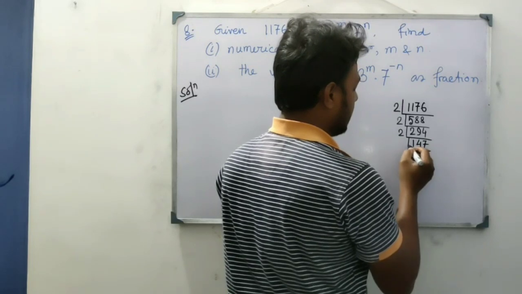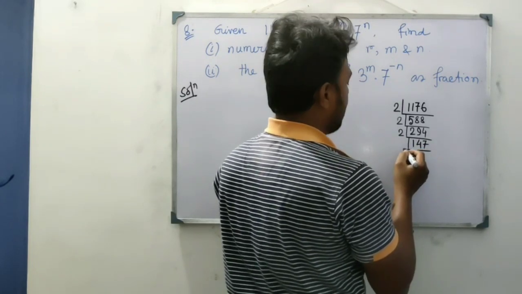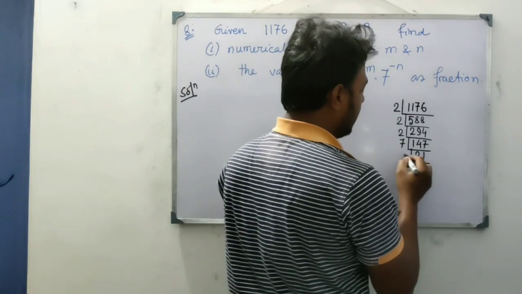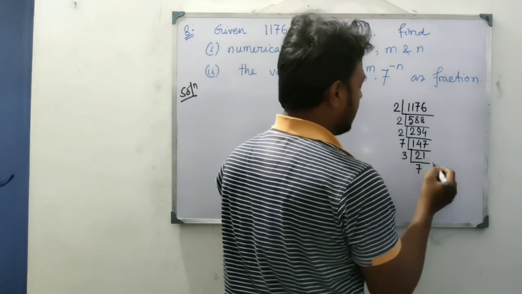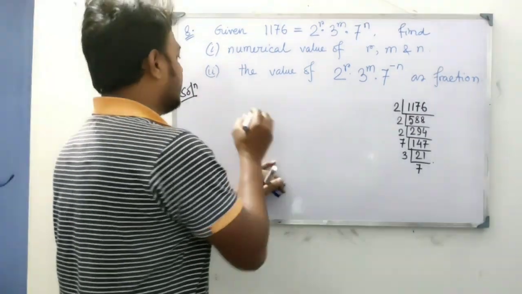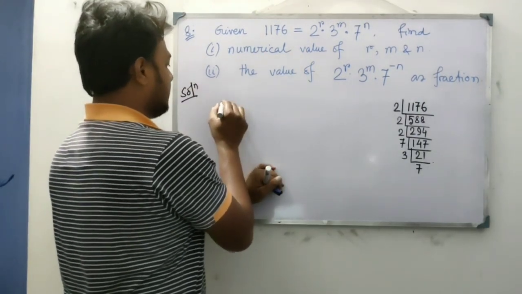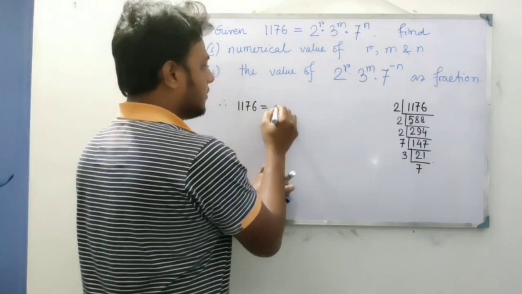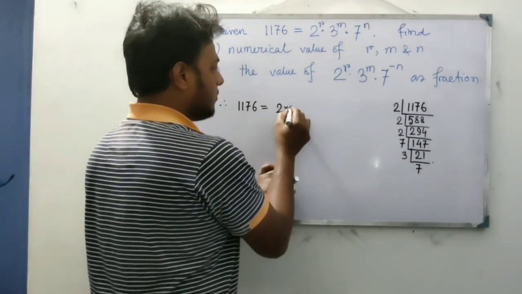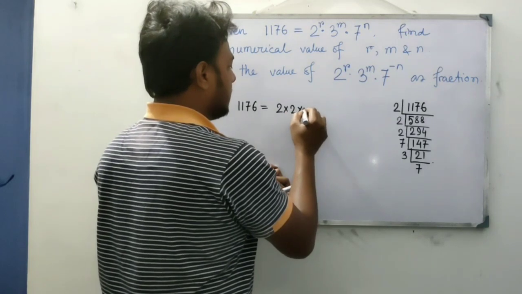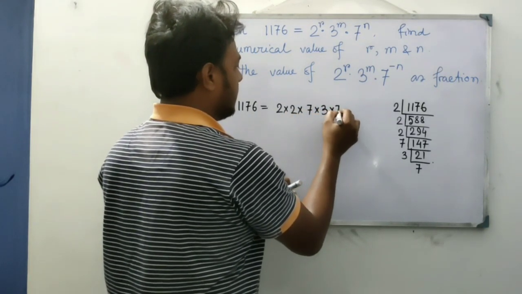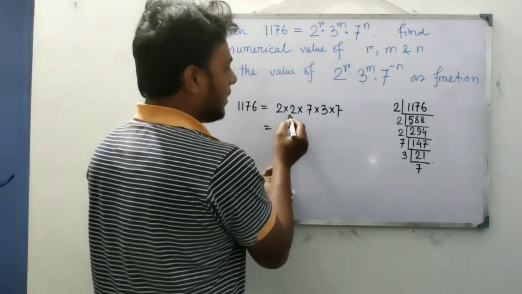Next, by 7, then 7 into 3, then 3 into 7. So from this we can write that therefore 1176 equals 2 into 2 into 7 into 3 into 7. How many times are 2 there?